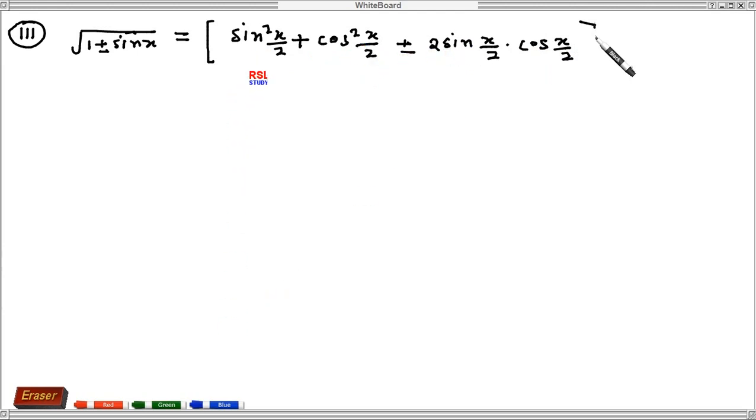So you can write this as a plus or minus b whole square, where a is sin x by 2 and b is cos x by 2. So the root cancels the square, and finally it is written as sin x by 2 plus or minus cos x by 2.